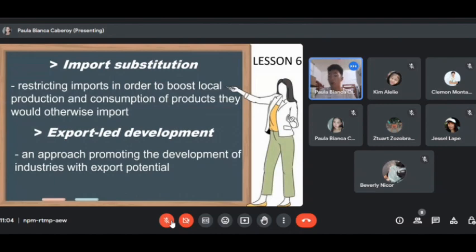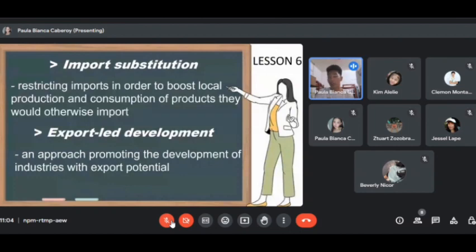potential. So, export development is used in countries like Taiwan and South Korea to lead rapid economic growth by focusing on increasing exports of goods and services to international markets.